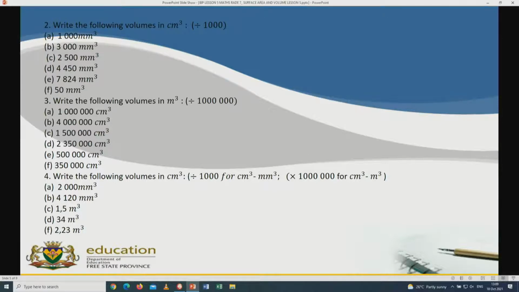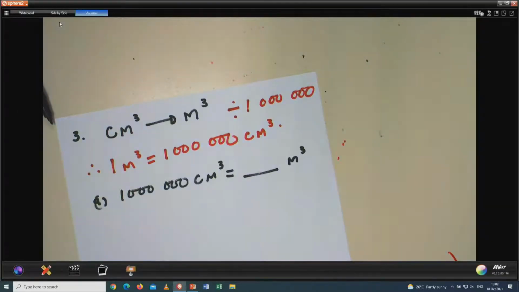Now let us do A. A says 1 million cubic centimeters will be equal to how many cubic meters? Now let's try to do this one.